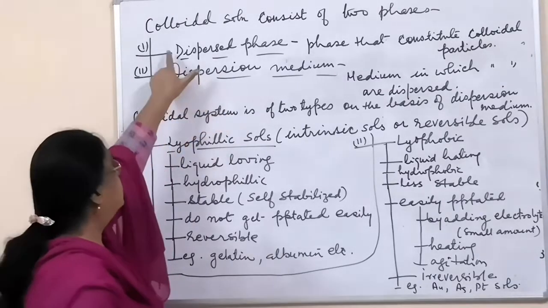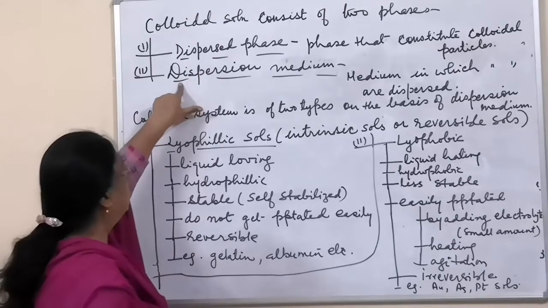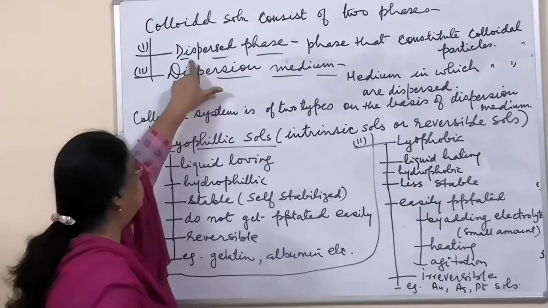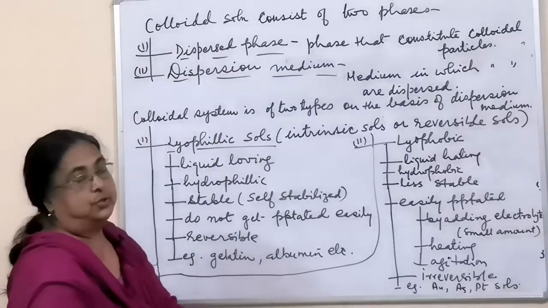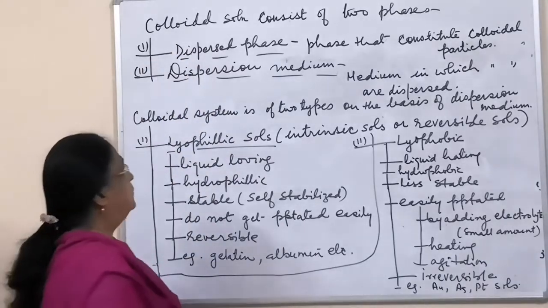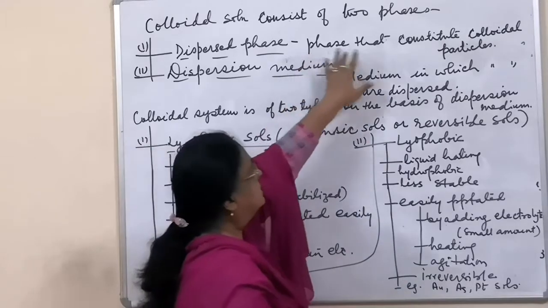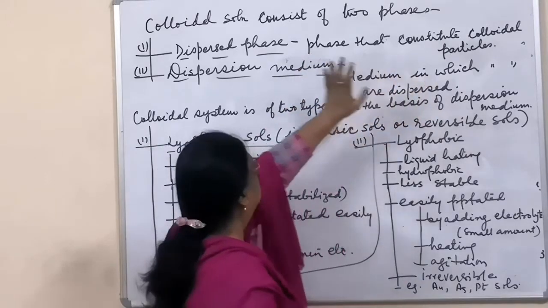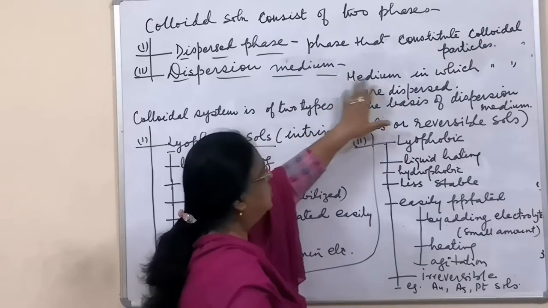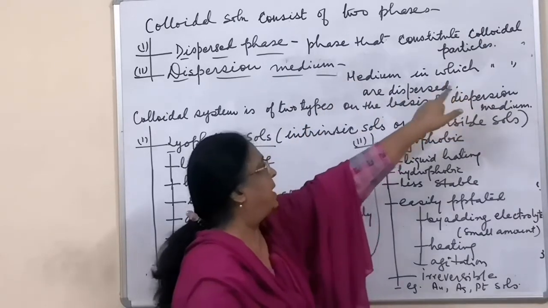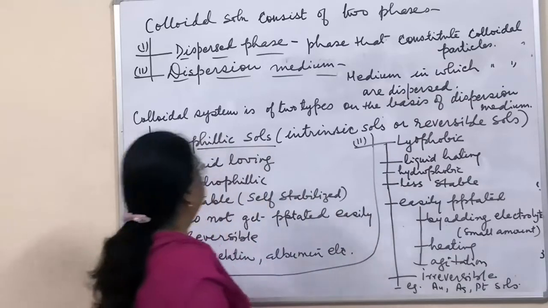We will not use the words solute and solvent. Instead we will use the words dispersed phase and dispersion medium as far as colloidal solution is concerned. Dispersed phase is the phase that constitutes colloidal particles, and dispersion medium is the medium in which the colloidal particles are dispersed.